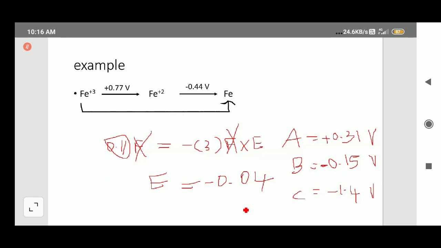So here C is the best reducing agent, followed by B and followed by A. Sometimes people ask which is the best oxidizing agent and which is the best reducing agent. The one having the highest positive value is the best oxidizing agent.